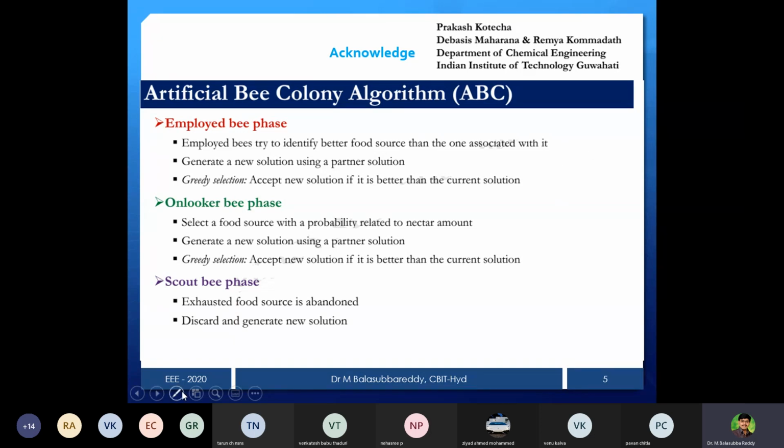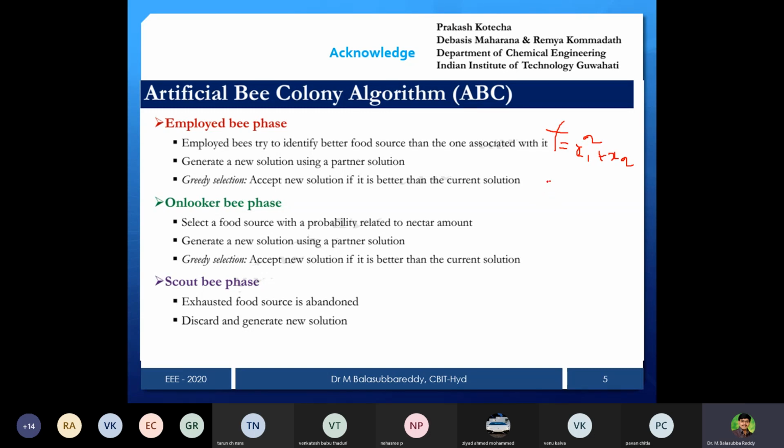Let's consider a small example. Suppose our function is, for simplicity, x1 square plus x2 square. Let's consider only this small thing, x1 square plus x2 square is our function.